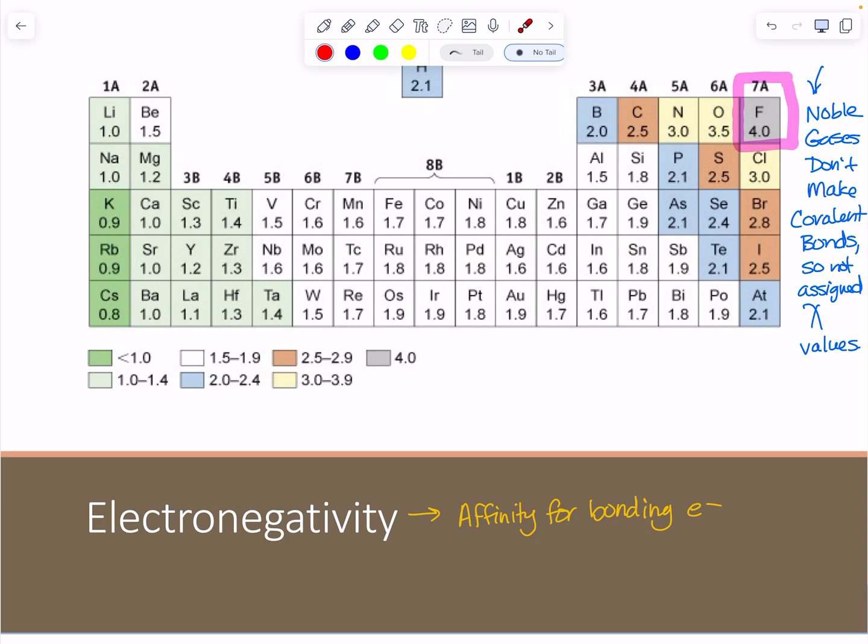All right, so let's go to our trends, okay? So going left to right, what's our trend? Are we going high to low or low to high? Low to high, right? All right, how about when we go top to bottom?